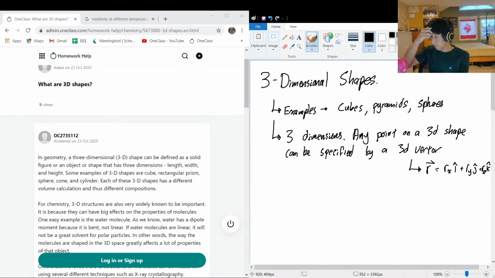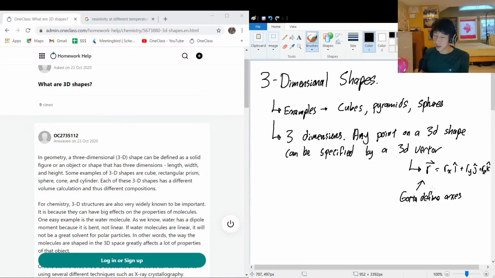So vector formatting for three-dimensional shapes is always going to be possible. You can specify any particular point and you'll have the appropriate vector. You just need to define your axes. However you define the axes, it doesn't really matter, even if you tilt them to a certain angle or rotate them.